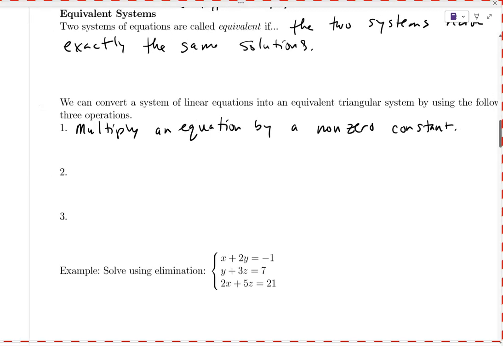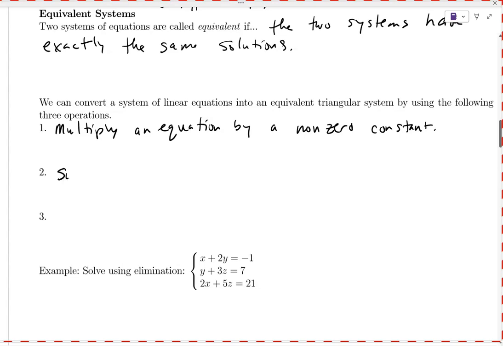Another one, we can swap 2 equations. That's not going to change the system, the solution, right? All I did was write the equations in opposite order. Remember again that our goal is to get this system into triangular form.